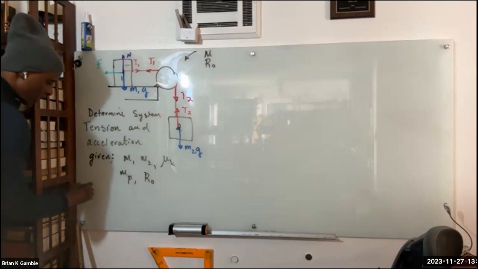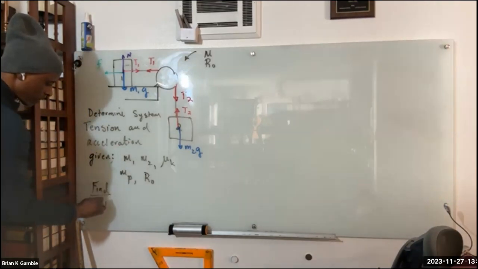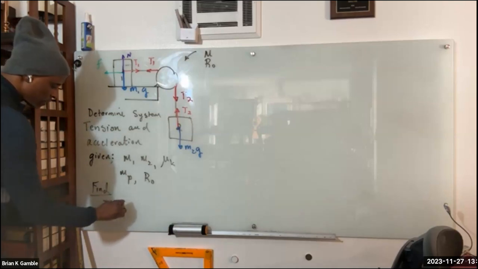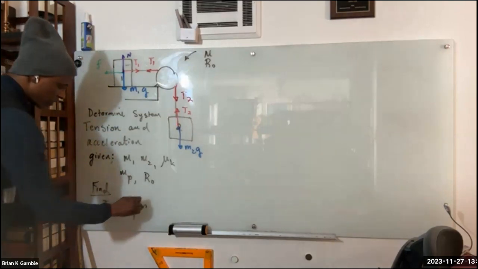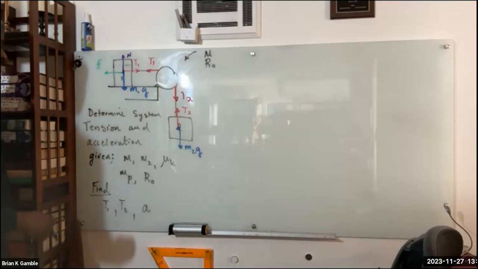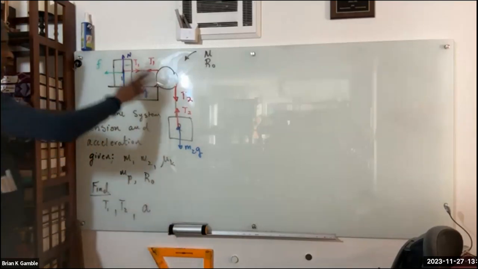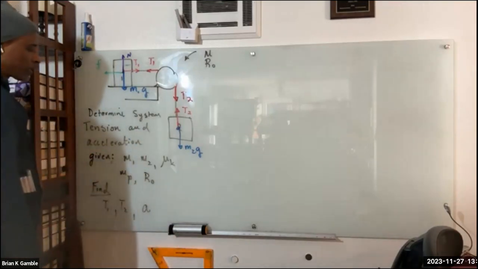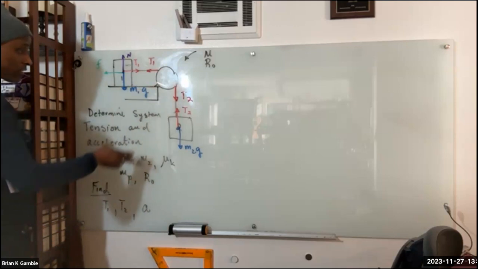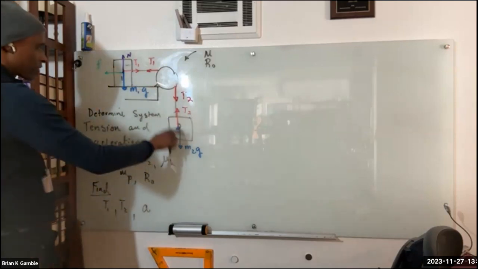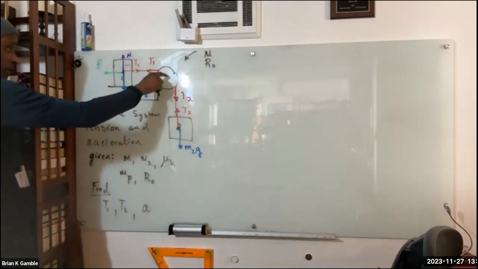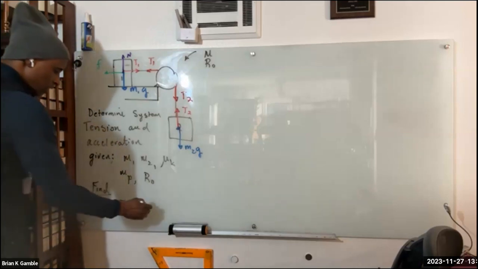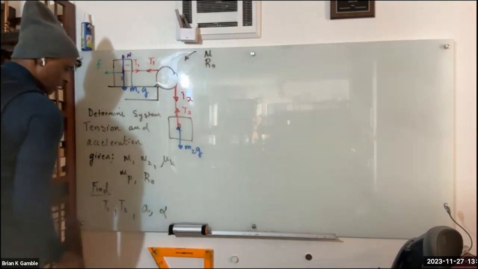So what we're trying to find is T1, T2, and the acceleration of the system. Now still, the acceleration of each block will be the same because the blocks are in tandem. One thing I can add to this actually is, since this is the linear acceleration of each block, that's related to the angular acceleration of the pulley. So we could go ahead and put that in, find the angular acceleration of the pulley.